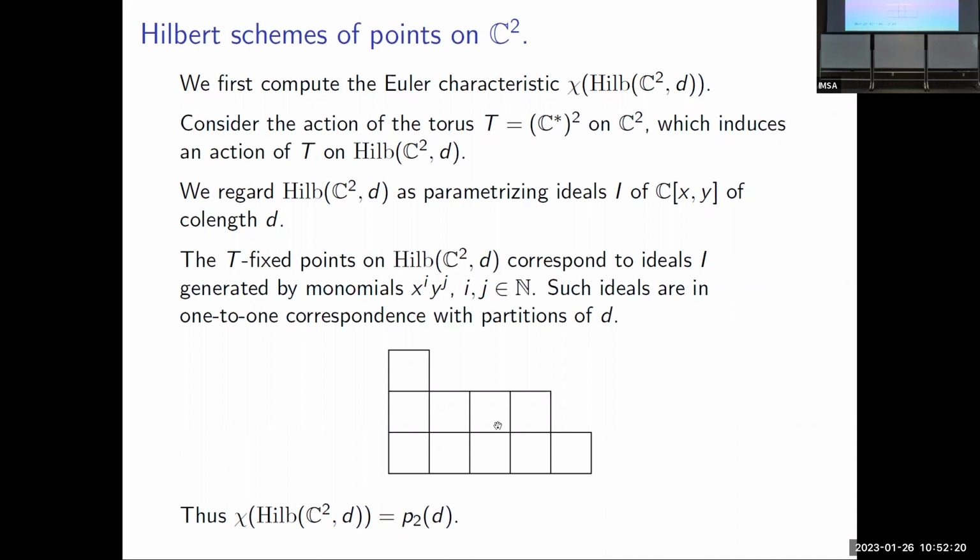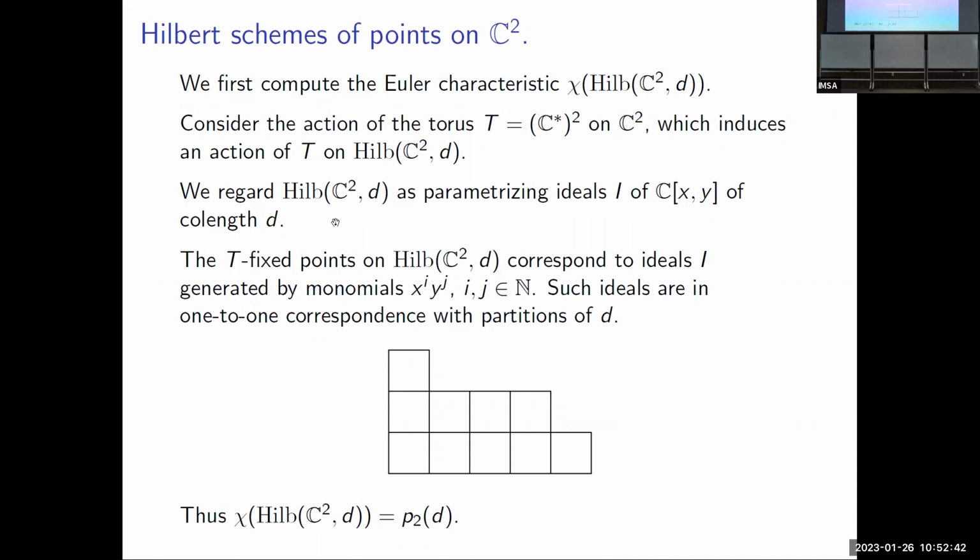So how to compute this Euler characteristic? Well, there is a two-dimensional torus which acts naturally on C2. This also induces an action on the Hilbert scheme of D points on C2, which we regard as parametrizing ideals I of the structure sheaf of C2, so polynomials in x and y, let's say, of co-length D.